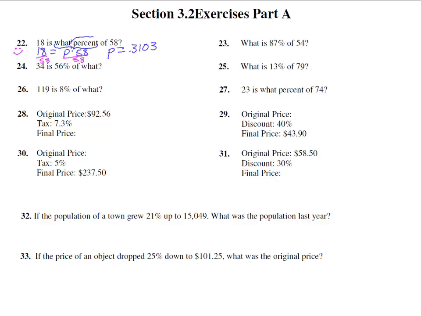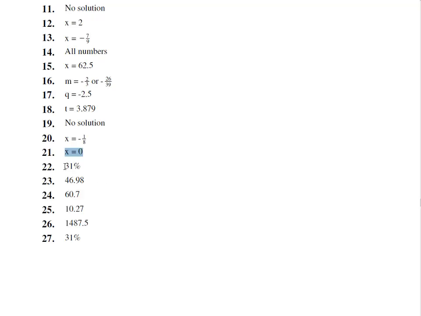Now it asks us for a percent, not just a decimal, so we must move it 2 places, so we get 31.03%. If you wanted to do 31% and just round it 1 decimal place, I think that would be okay. Let's check our answer. 31%. They just rounded to the 1 decimal place, which is the whole unit in this particular case.